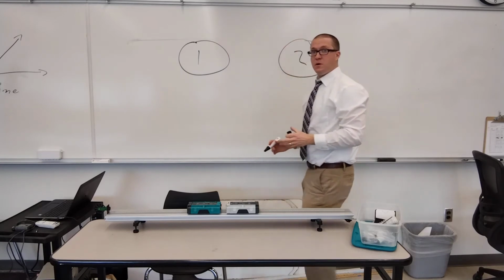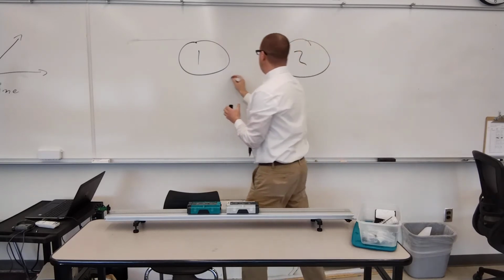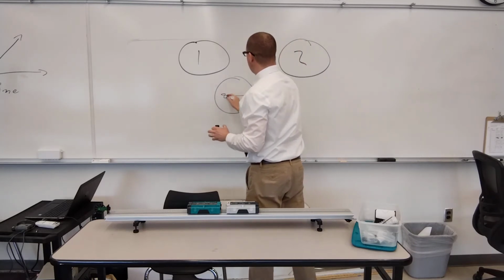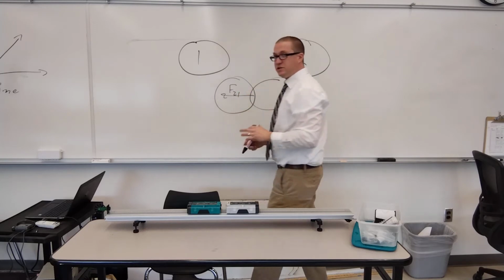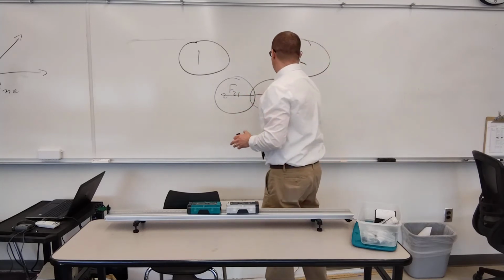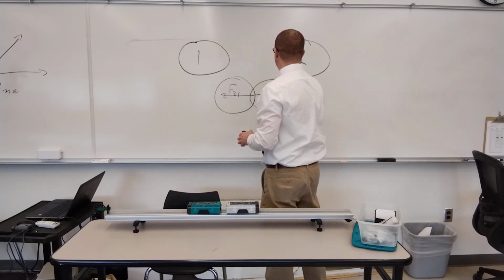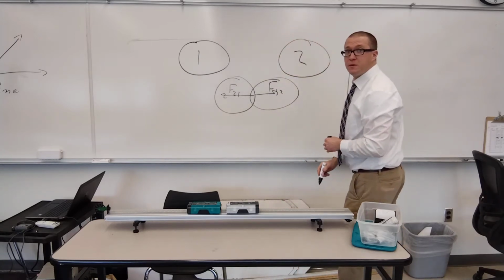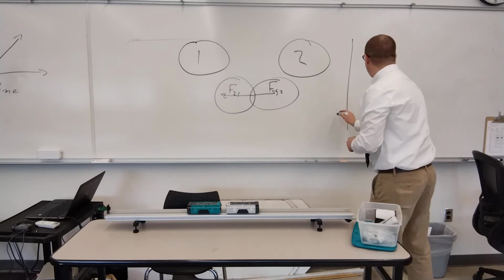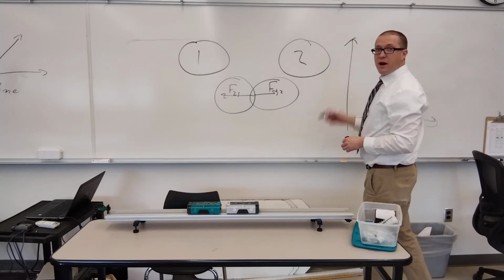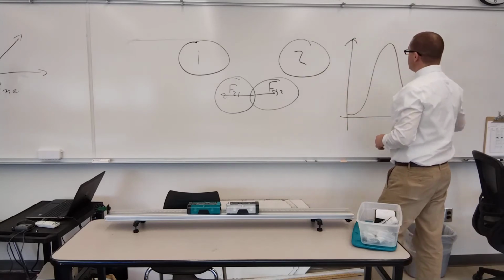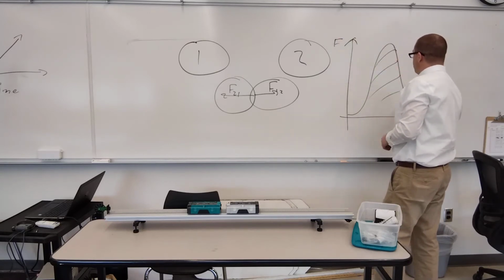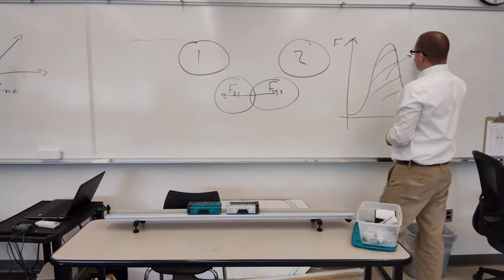When they hit, object 2 applies a force on object 1, and object 1 applies a force on object 2. That force versus time graph is going to look something like this for that collision, where the area under the curve equals a change in momentum.